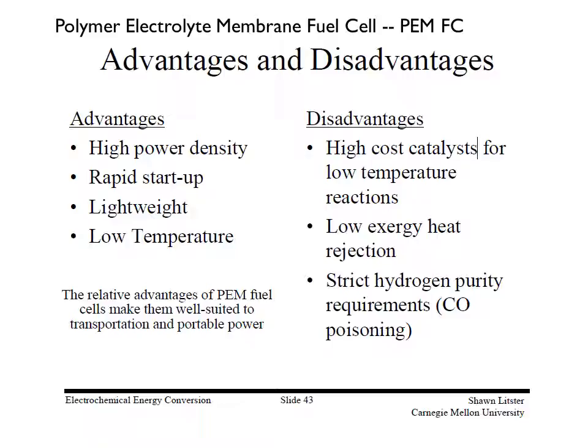Okay, so another disadvantage is that because it's low temperature, the thermal energy that's generated has virtually no exergy. And it's almost worse than that. Not only does it have no exergy, which means you can't get any work from it, but you actually have to get rid of that thermal energy. And getting rid of it when there isn't much of a driving force normally ends up consuming work. And so you have to put in heat exchangers and flow through different liquids that you need for heat removal.